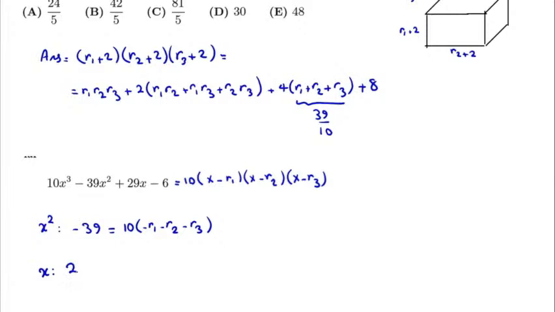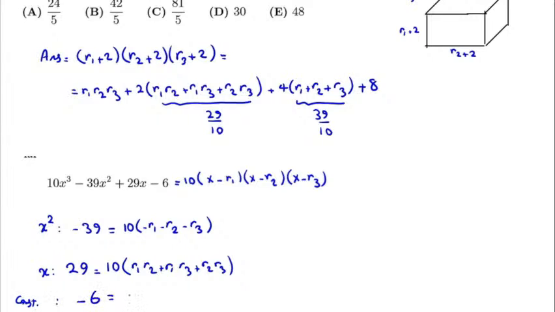On left hand side 29, on right hand side it will be 10 times R1 R2 plus R1 R3 plus R2 R3, which will be 29 over 10. Now coefficient of constant term, left side is negative 6, right side is 10 times negative R1 R2 R3. So it will be negative 6 over negative 10, which will be 6 over 10, 3 over 5.